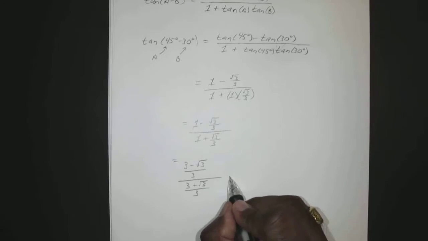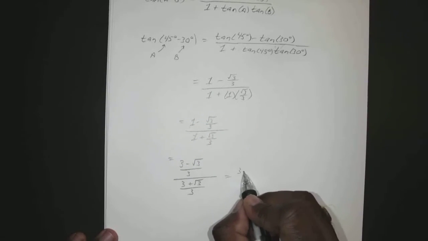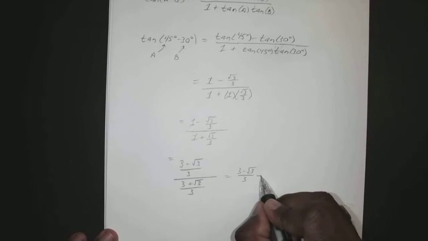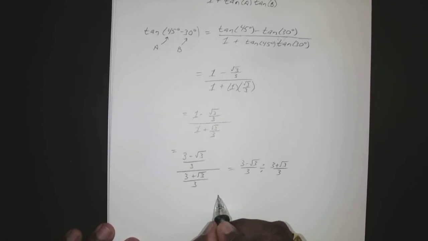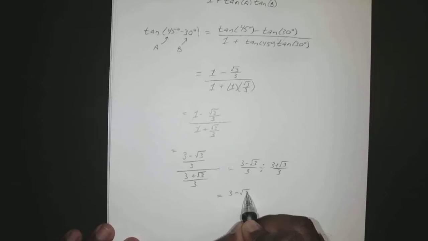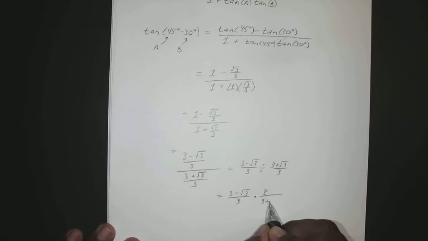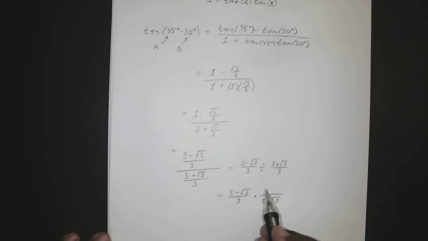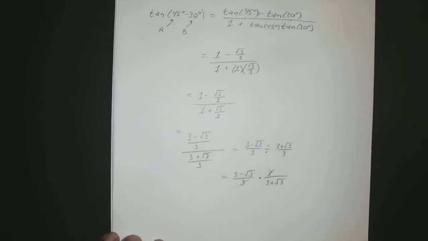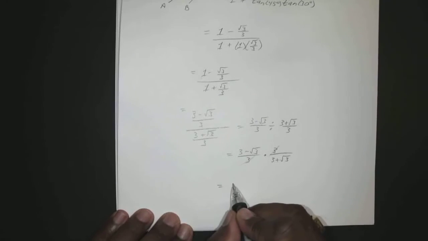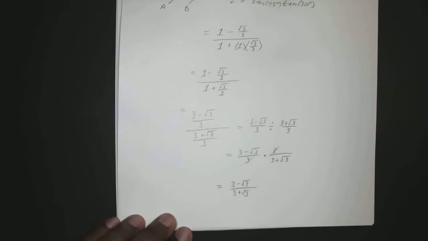Division changes to multiplication, and we flip our second one: 3 over 3 plus square root of 3. Our 3's cancel out. So that's going to equal 3 minus square root of 3 over 3 plus square root of 3.